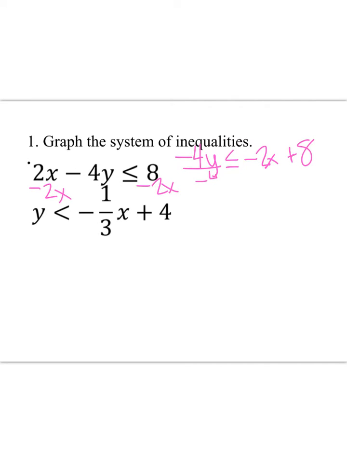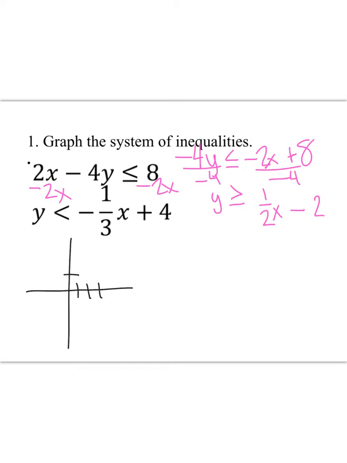Dividing by negative 4, and when we divide by a negative, remember that we must flip the sign. So we get y is greater than or equal to 1/2 x minus 2. Okay, now that I have two inequalities in slope-intercept form, I'm going to go ahead and graph them.